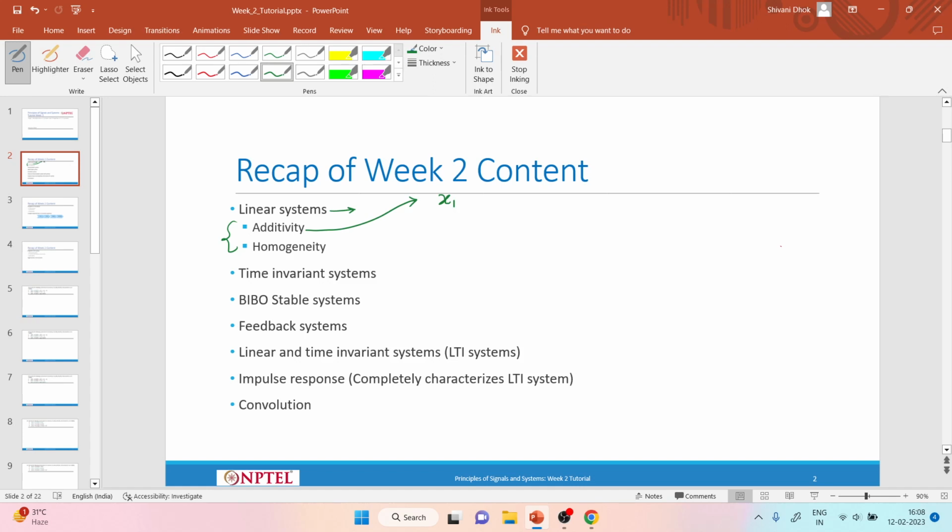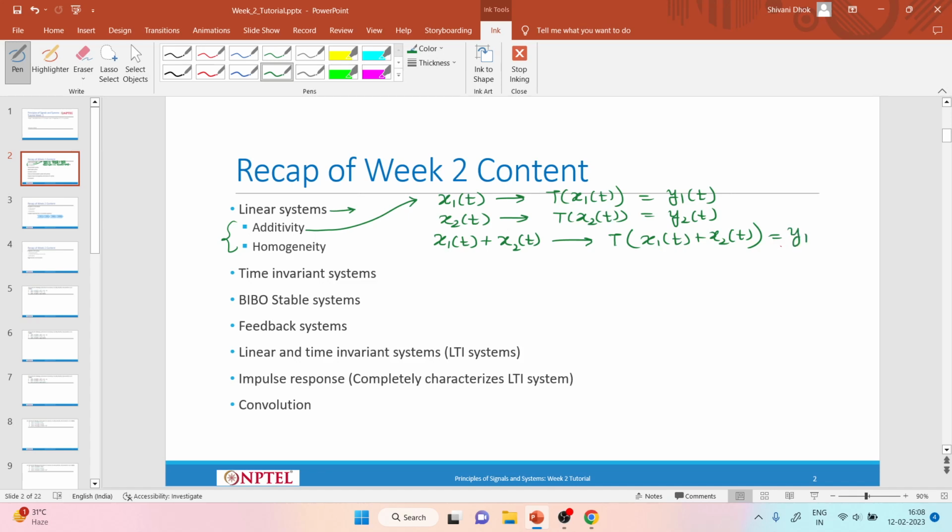If I have an input x1 of t, and this gives me output y1 of t, and if for input x2 of t the system T gives output y2 of t, then if I give input as the addition of these two, that is x1 of t plus x2 of t, the output of the system should be equal to the sum of the outputs, that due to x1 of t and that due to x2 of t, that is y1 of t plus y2 of t.